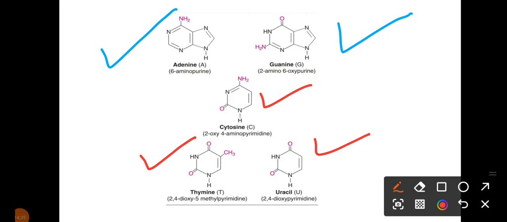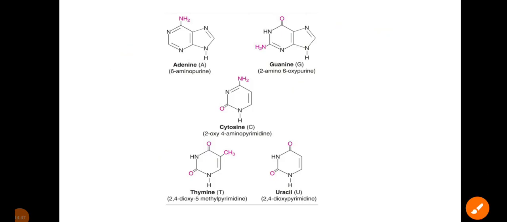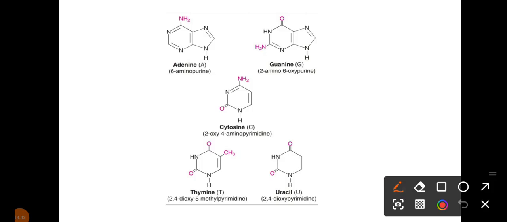Why is it 6-amino purine? Because the numbering starts from this nitrogen. This nitrogen is 1, this second one 2, the third nitrogen 3, this is fourth, fifth, and this is sixth. The sixth position is the amino group, so that's why it is 6-amino.